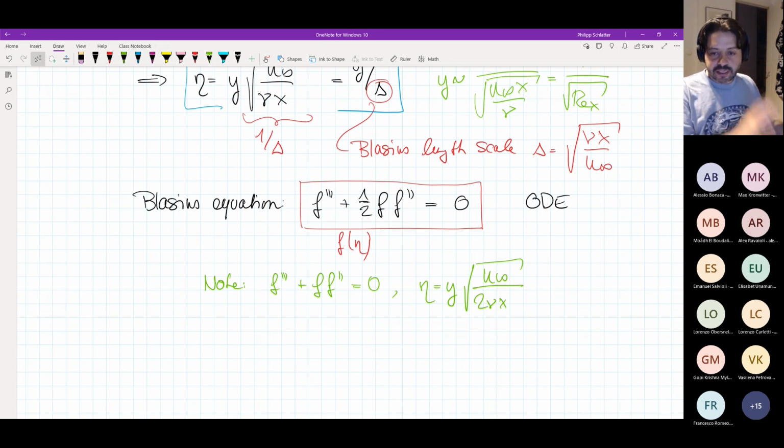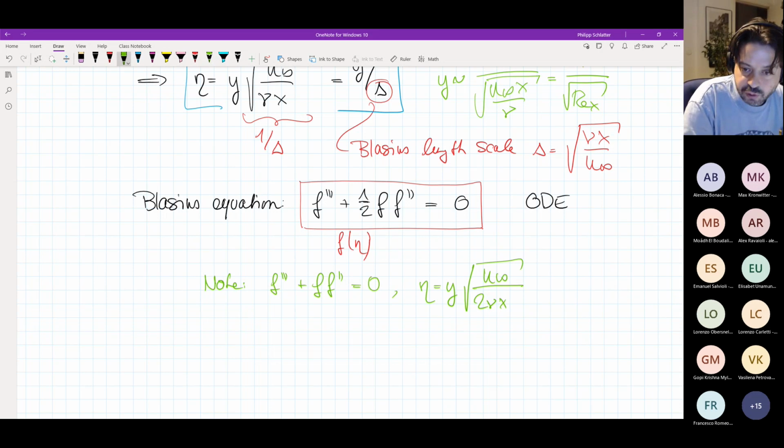But anyway, after this exercise in doing derivatives, now we have this Blasius equation, a self-similar equation. So all the dependencies on x and y are gone. Now we just need to write the boundary conditions also in terms of f. And this is not so difficult.